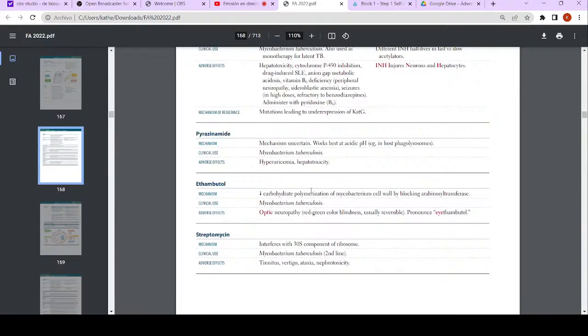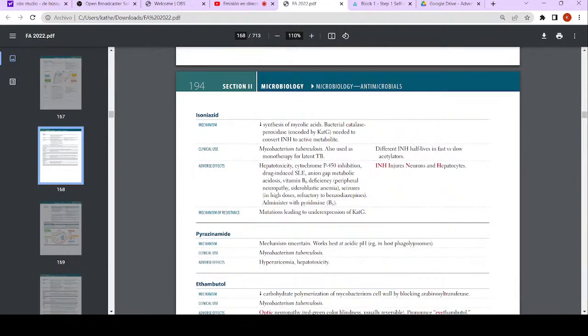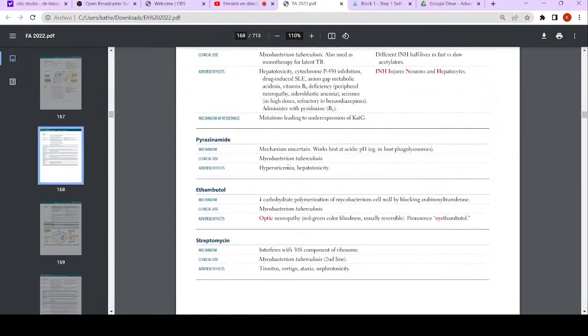Another thing that they ask a lot is the adverse effects. Isoniazid, INH as the name, injures neurons and hepatocytes. Pyrazinamide: hyperuricemia and hepatotoxicity. Pyrazinamide with P of protein. Proteins lead you to hyperuricemia.